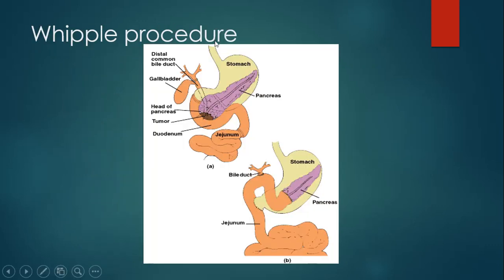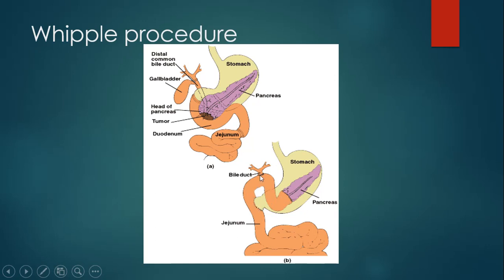Here is a diagrammatic representation of the resected area for Whipple's, and you can see you remove the distal portion of the bile duct and the duodenum up to here, and you have to make 3 anastomoses with the jejunum: one with the common bile duct, another with the pancreatic duct, as you can see here, and the third one with the stomach.